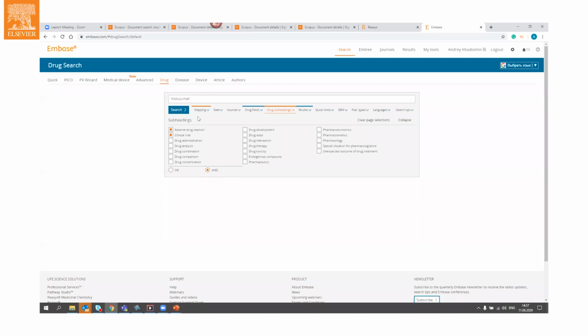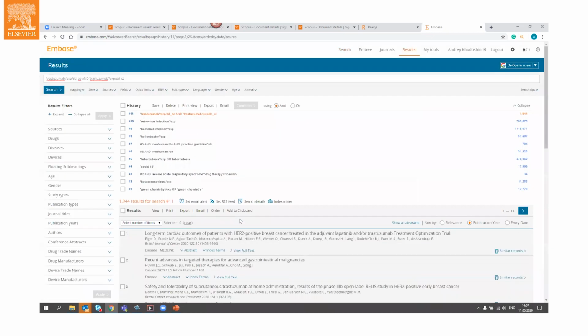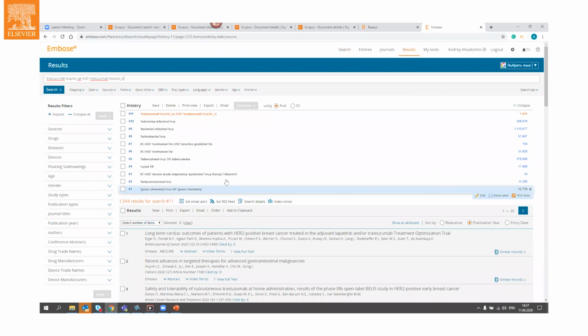Let's try to do it like this to make a quite strict search. Because the search is strict, you will get precise information which would be highly relevant. Otherwise, trastuzumab by itself can easily give you 100,000 papers or something comparable.